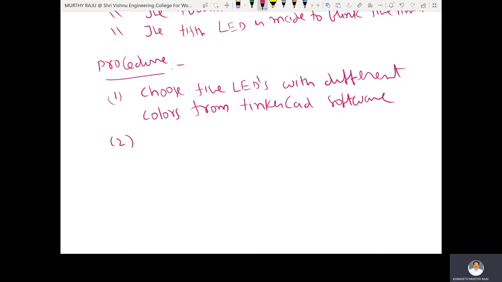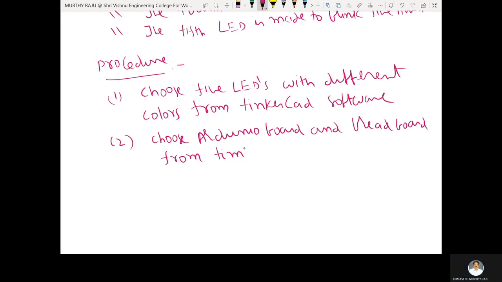Second point is choose the Arduino board and breadboard from Tinkercad. Third one is choose 5 220 ohm resistances.